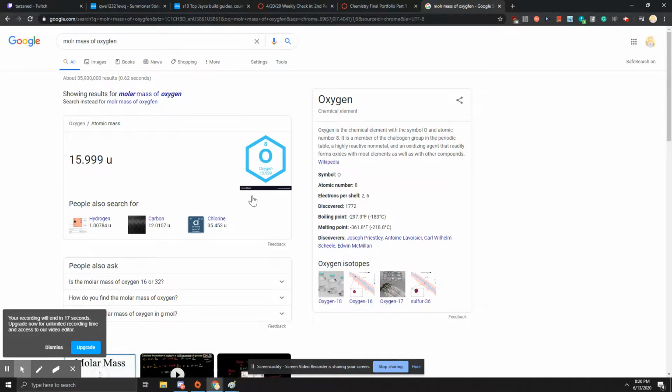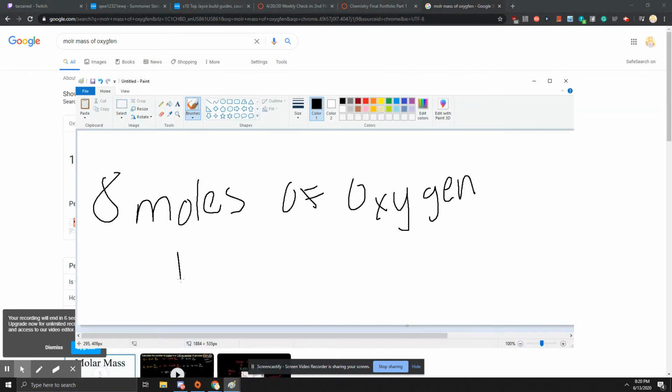Okay, so the molar mass of oxygen is roughly 16 grams. Okay, it's 16 grams. The unit is gram. So there's 16 grams per mole of oxygen.